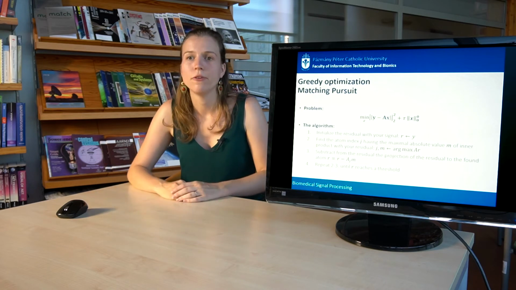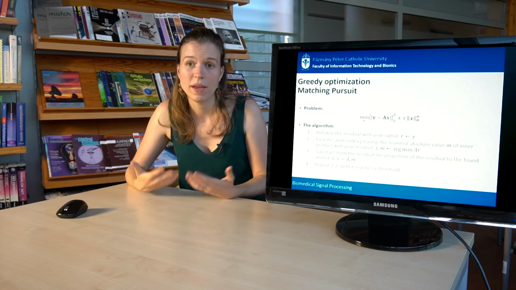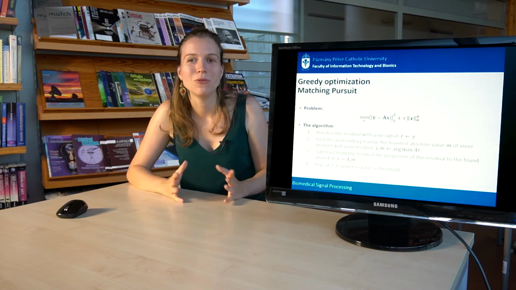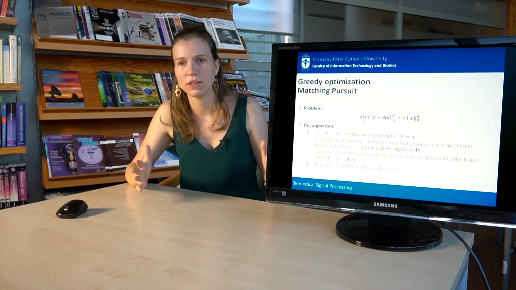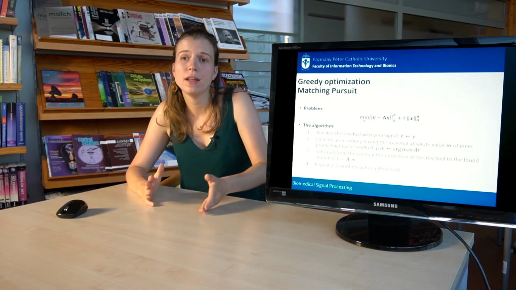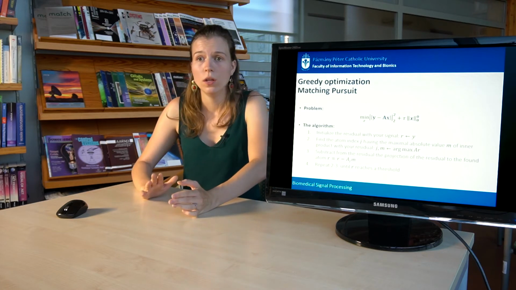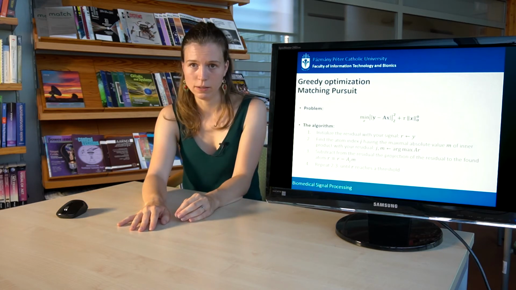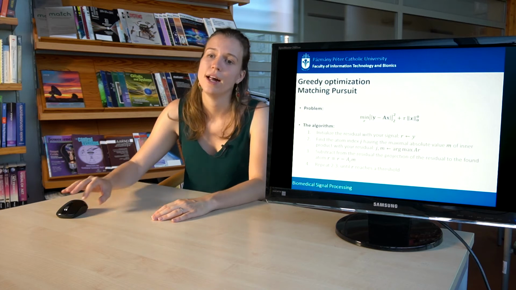What limit? Until you are similar enough, or until you are using too many basis vectors. You would like to keep it sparse, to use not all 1000 possible basis vectors, only 50 of them. You can stop after that, or you can stop when you think their norm is similar enough, so the composed array is very similar to your original signal. So this is the greedy optimization, the matching pursuit algorithm.